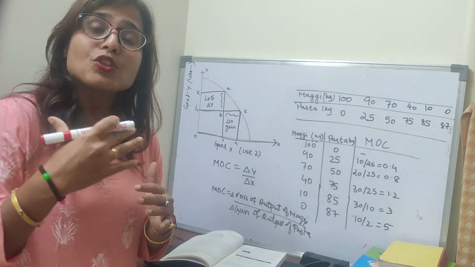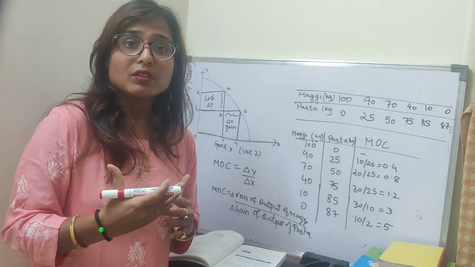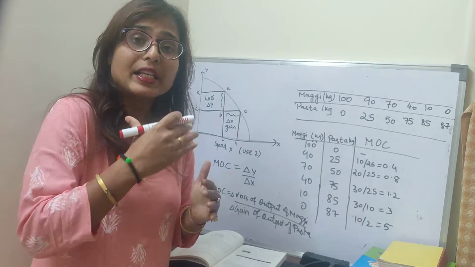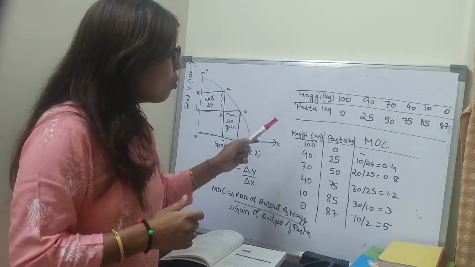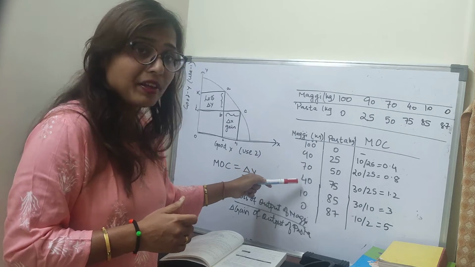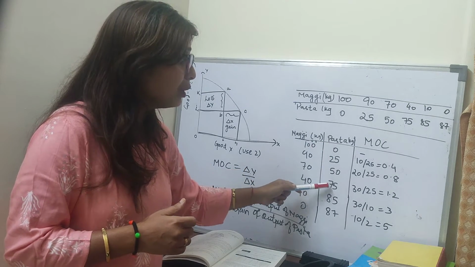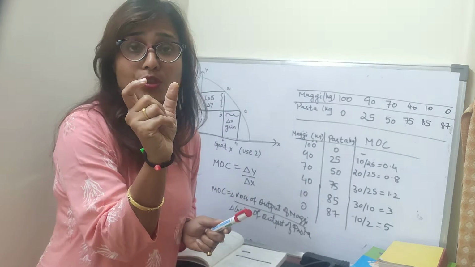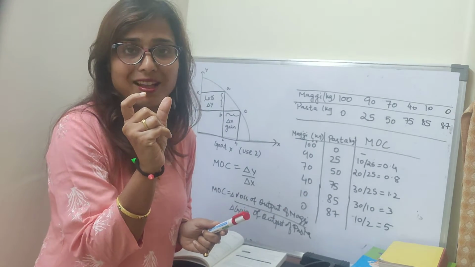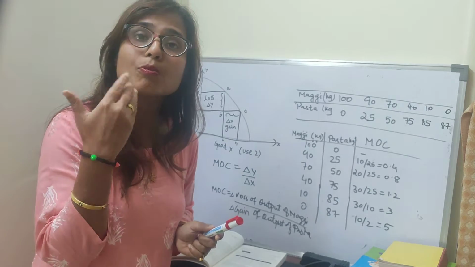The rising marginal opportunity cost reflects what? It reflects that as more and more Maggi is sacrificed for every additional unit of pasta, the cost of producing pasta rises in terms of Maggi.